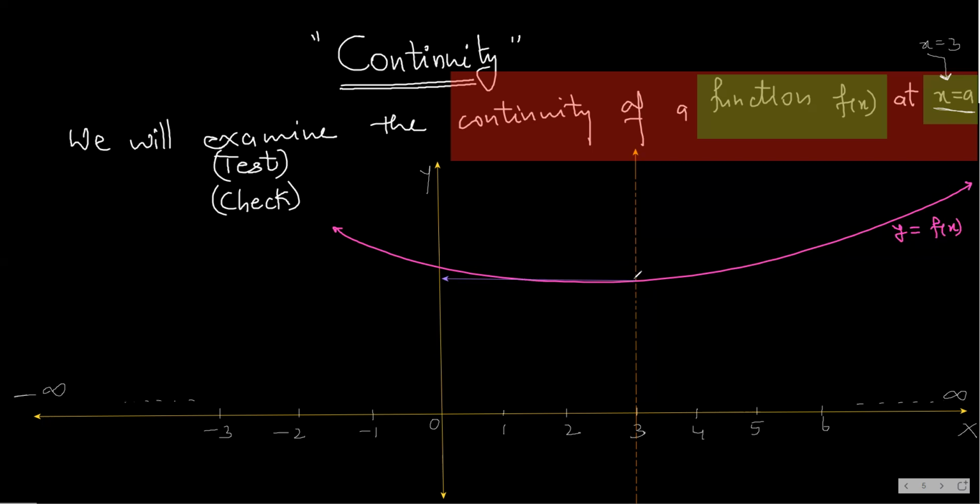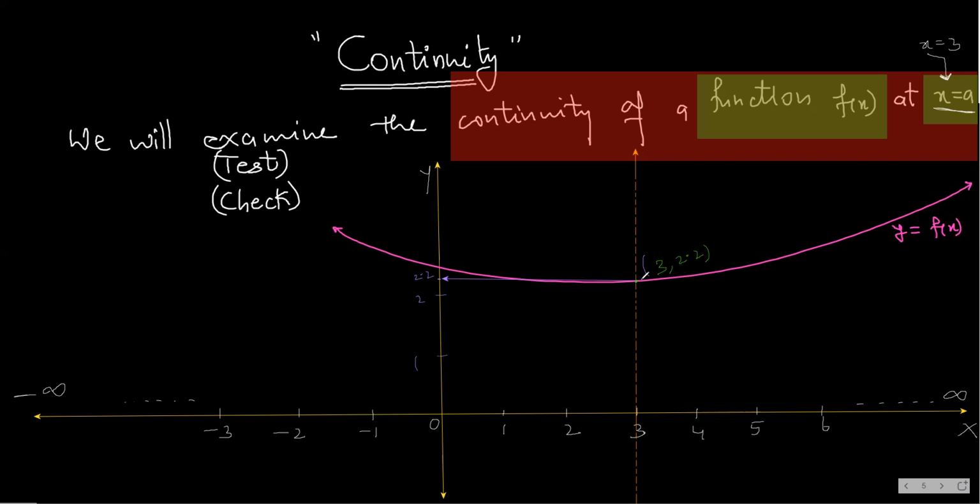Suppose this is 1, this is 2, and this is say 2.2. So when x is 3, the function has value 2.2. The coordinate of this point I can write as 3 comma 2.2.